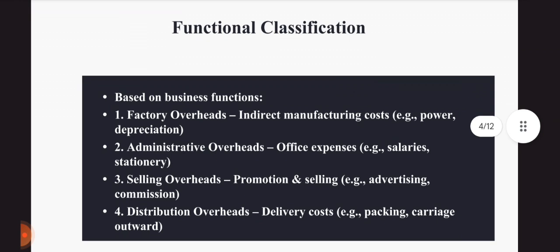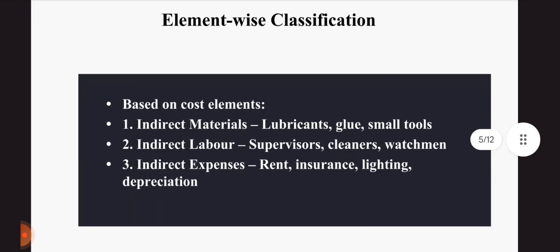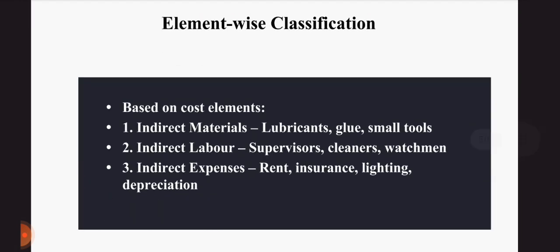Now, the second one is element wise classification. This classification is based on elements of cost. It includes three parts. First is indirect material. Indirect material is material used indirectly in production. For example, glue, nails, small tools, lubricating oils, etc. Second one is indirect labor.